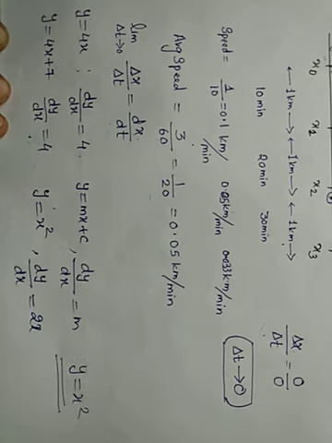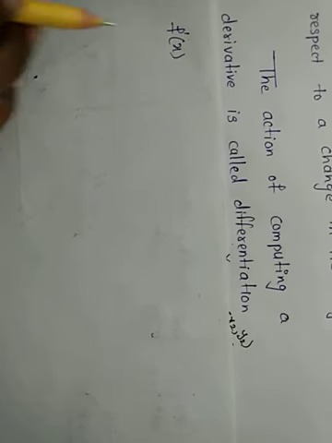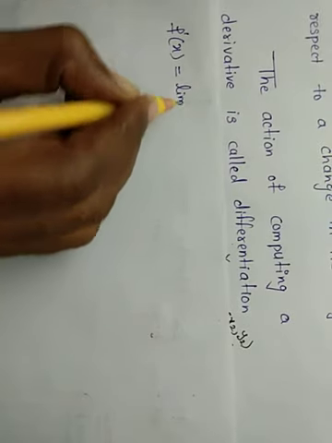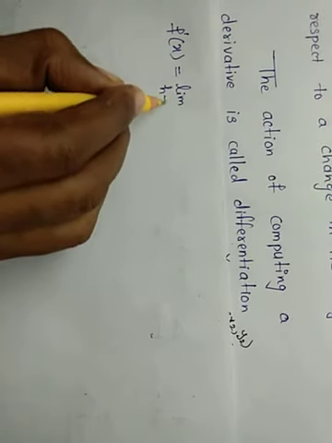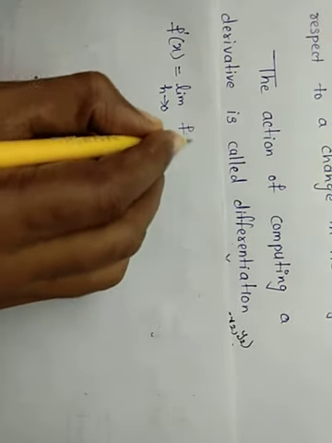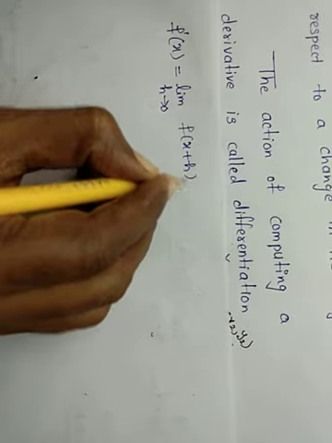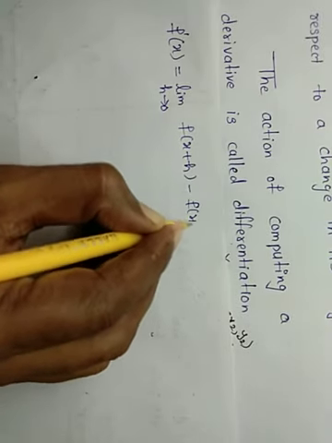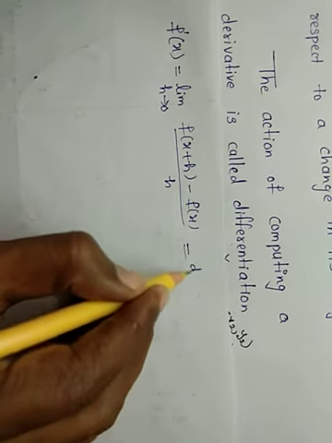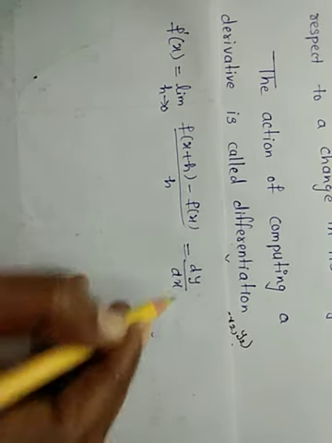You try it. Thus the derivative I can write as f dash of x is equal to limit h tends to 0, f of x plus h minus f of x divided by h, and this we can also write as dy by dx.